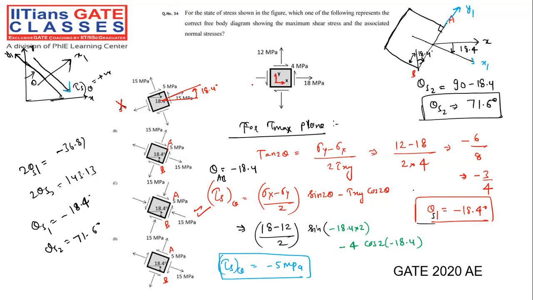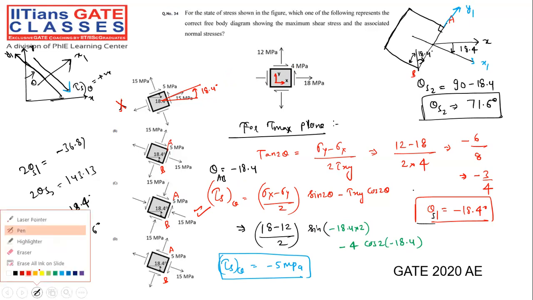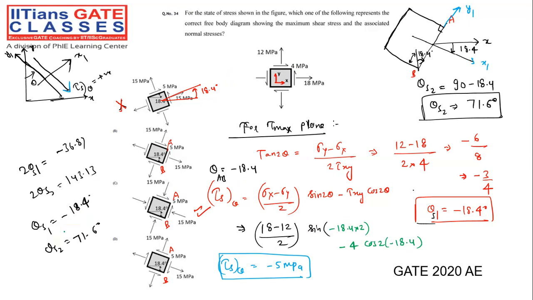This transformation we are doing with the help of the equations we developed in the principal stress chapter. And right now tau theta is negative, that means it has to be in the same direction as y1.